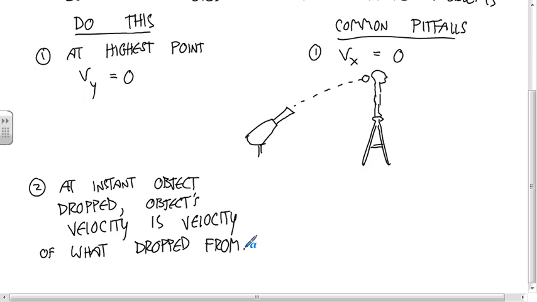So both components of the velocity would be equal to 0. If an object's dropped out of a helicopter window, at the instant it's dropped, the object has the same velocity as the helicopter.